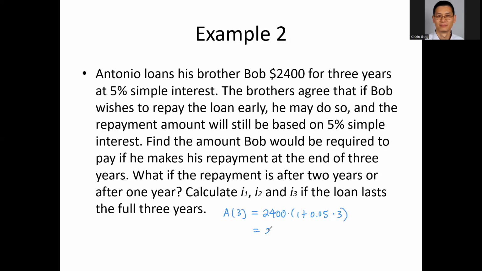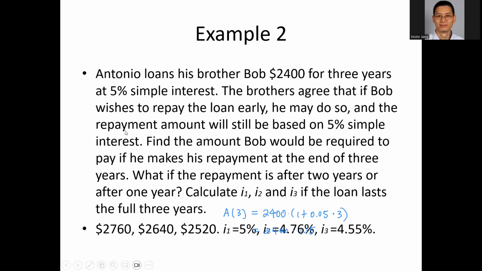And that is 2,400 times 1.15. So that is $2,760. And the interest rate obviously is 5%. Okay.